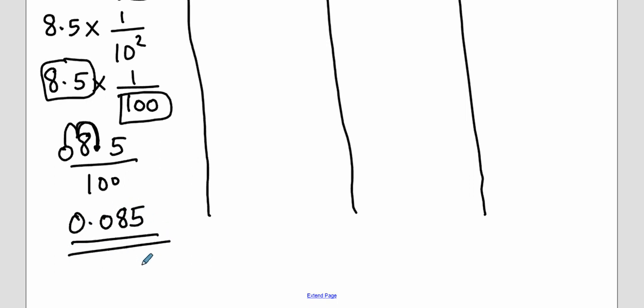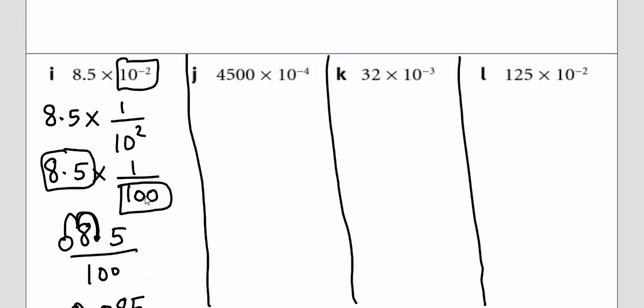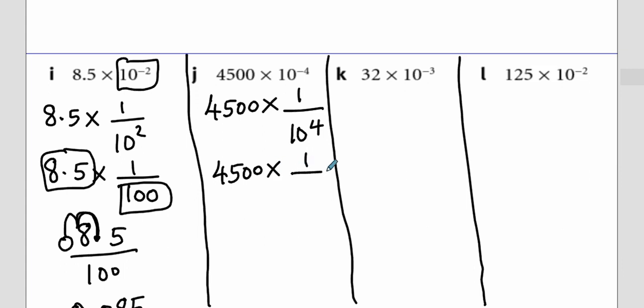See that? Alright, so let me check. Right, that is correct. Let us do this one. 4500 times 10 power negative 4, you do the reciprocal. This will be 4500 times 1 over 10 power 4.